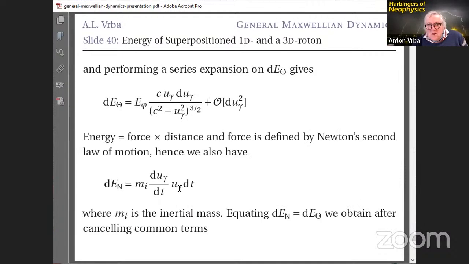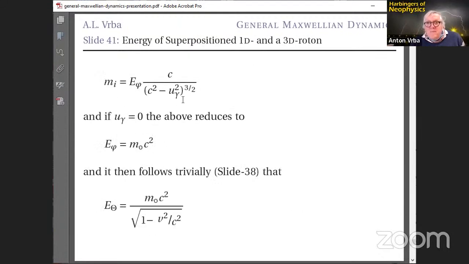That is basically, if we look here, just cancelling out the du's, the dt's cancel here, and one of the u's cancel there, which leaves the c over c squared to the power of 3 over 2.